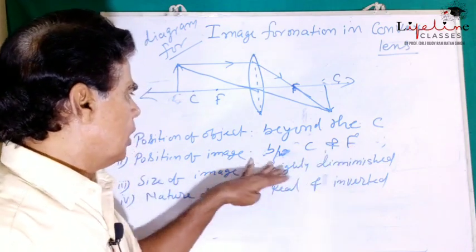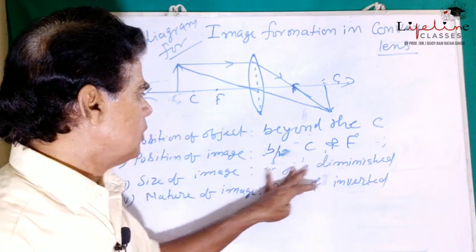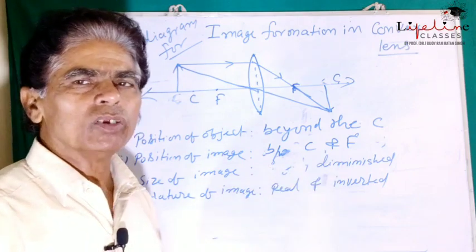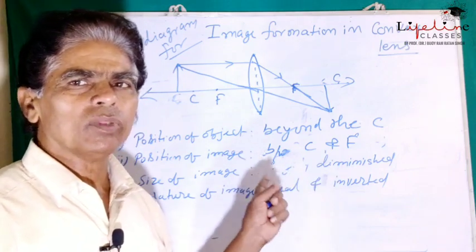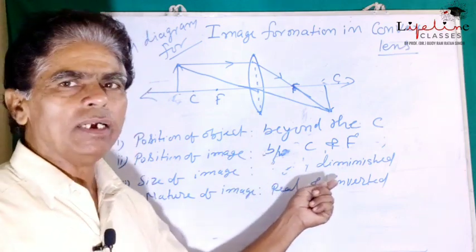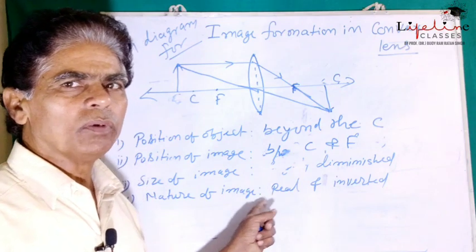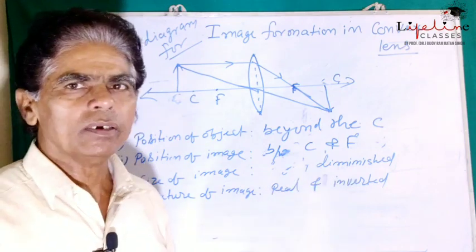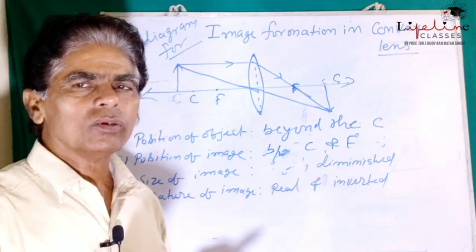The size of image is diminished, smaller than the size of the object, and the nature of image is real and inverted. So this is the second case.